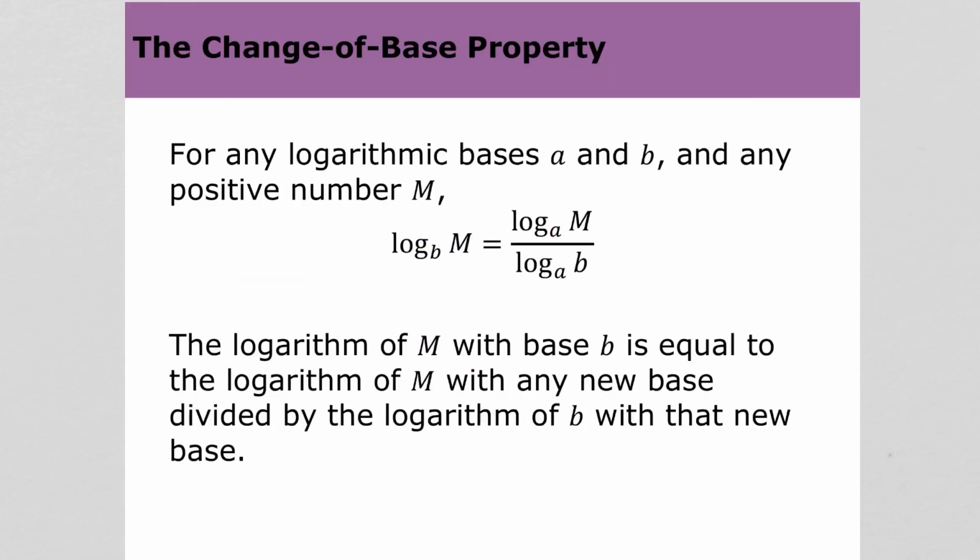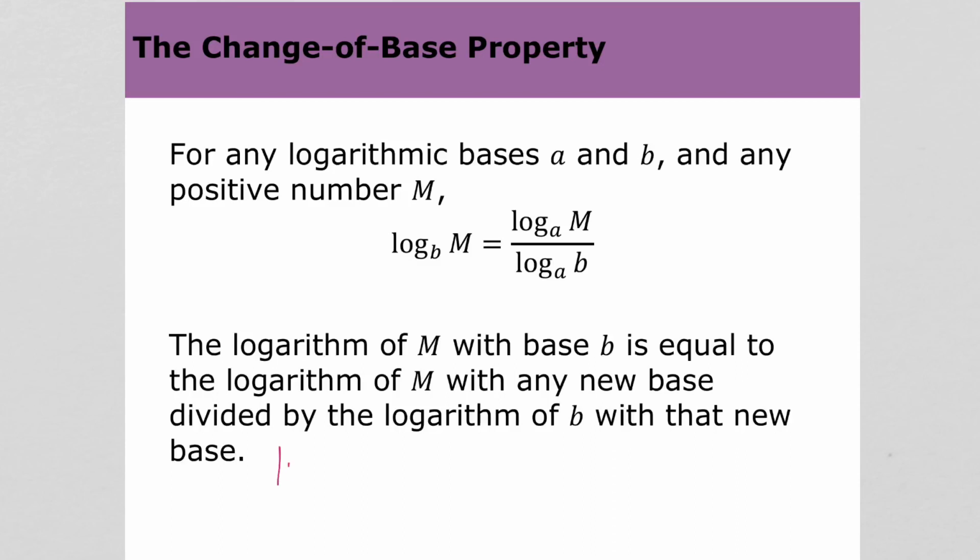And then our last property is a very useful one. The log base b of m is equal to the log of m over the log of b. And it says base A, not a big deal. We just use log base 10, which is just log, or you can use natural log, which is log base e.